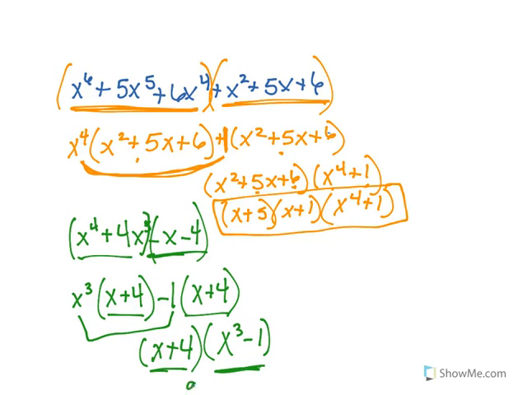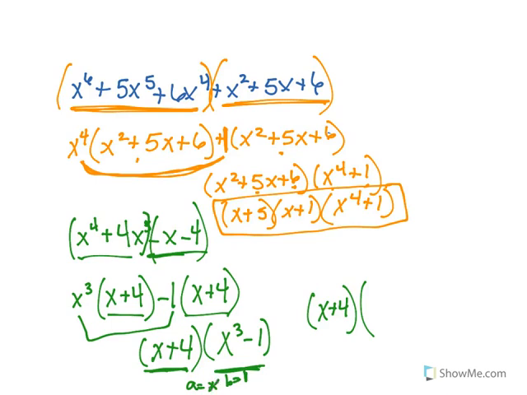Our A is x, and our B is what number cubed? Got that? 1. You can go back to your notes to look, but I'll go ahead and set up. So I know this x plus 4 is definitely going to go out. So I'm going to go ahead and write that. Now, my equation says difference of 2 cubes is a minus b.